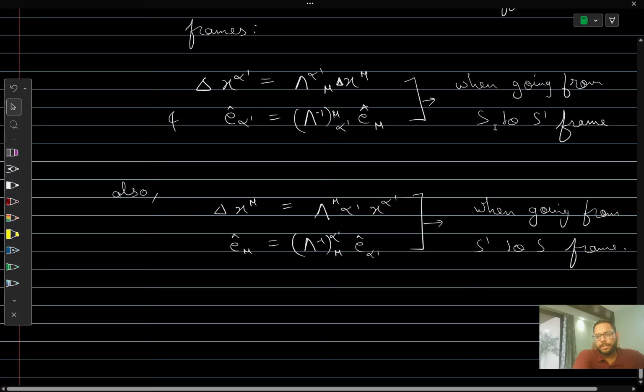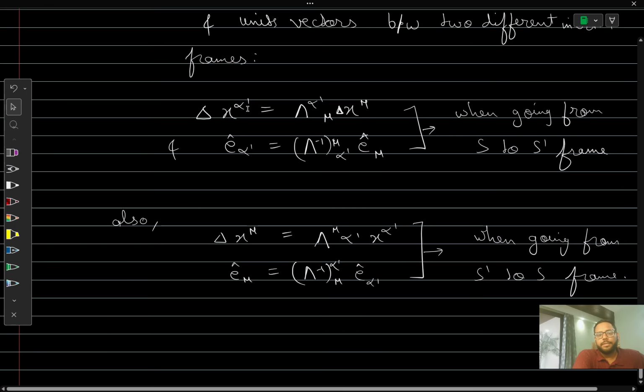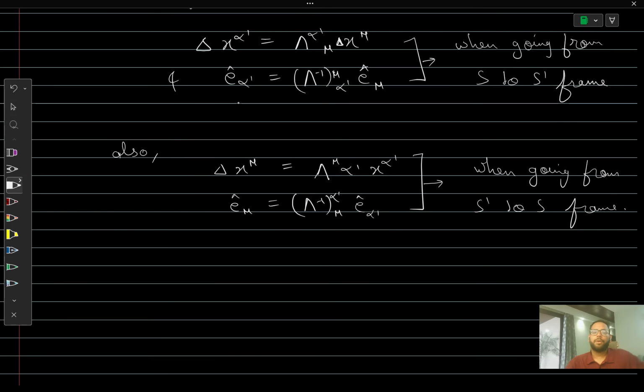S prime is a moving frame, S is a stationary frame. And you see that they have different placement of indices. The displacement vector components have upper indices, and its unit vectors have lower indices. We call such components covariant with lower indices. These are covariant, and with upper indices they are called contravariant. Such that when you take the inner product of these both objects, you will get an invariant.